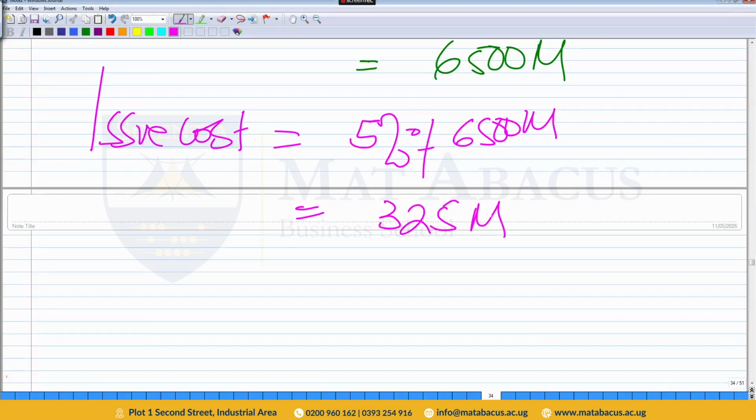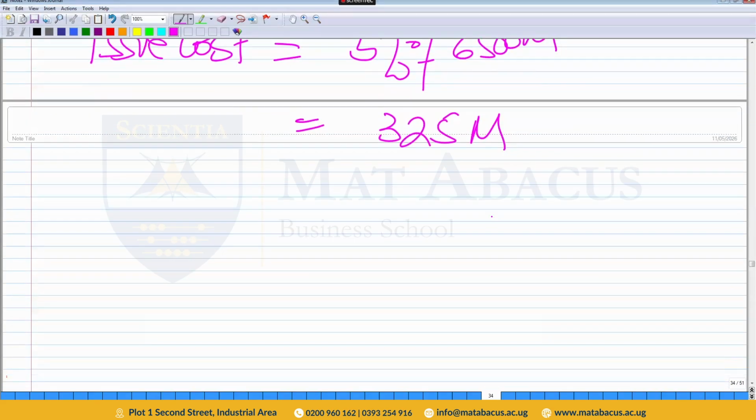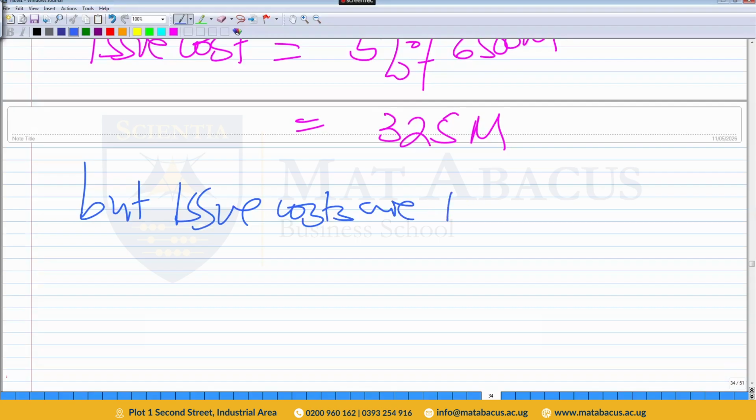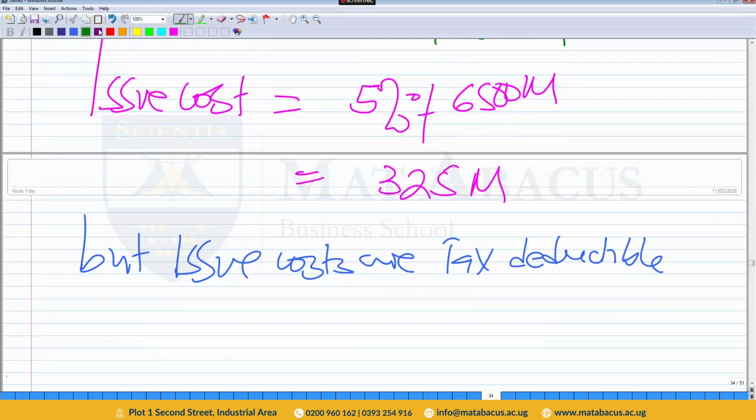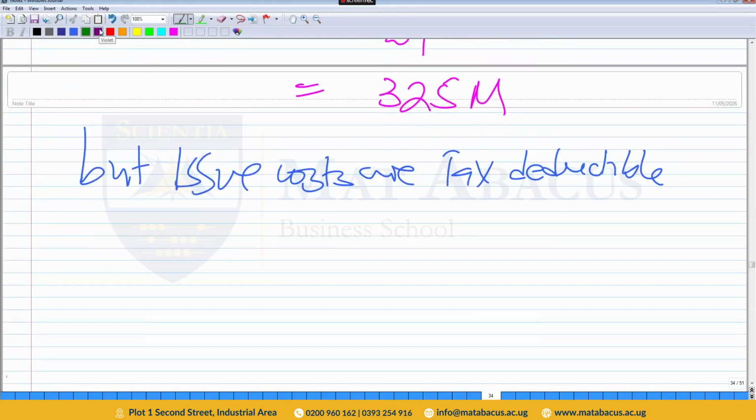But we have been told issue costs are tax deductible. That's what the question says. A very good question for capping. Therefore, if they are tax deductible, we get the tax relief.